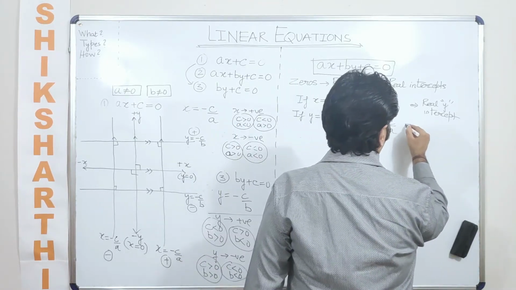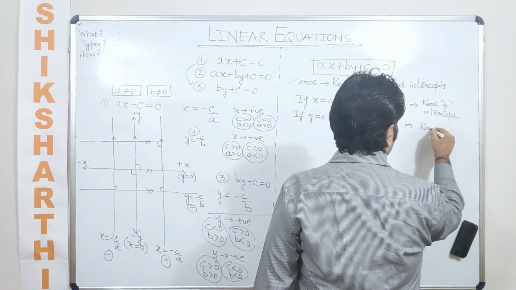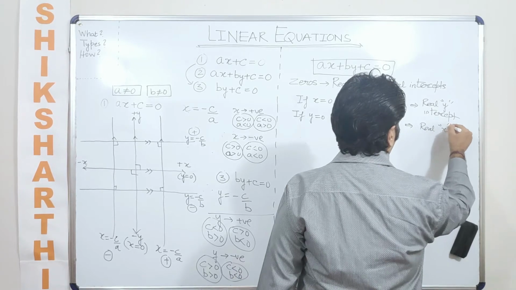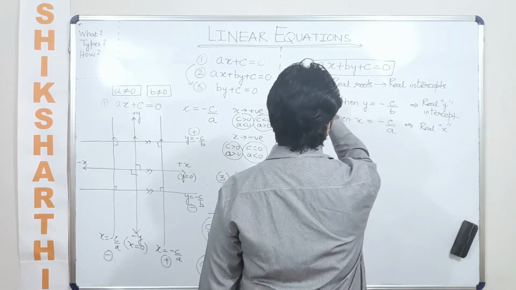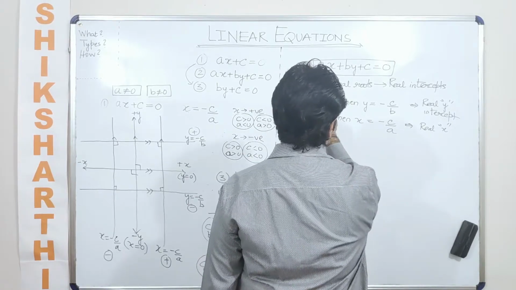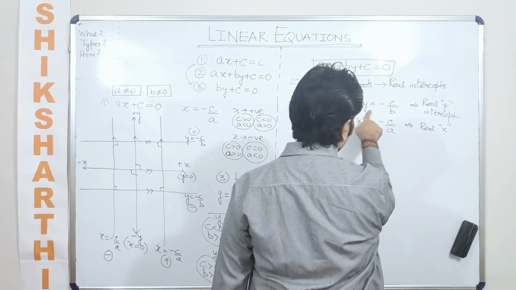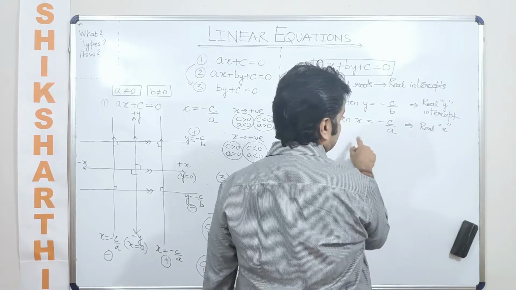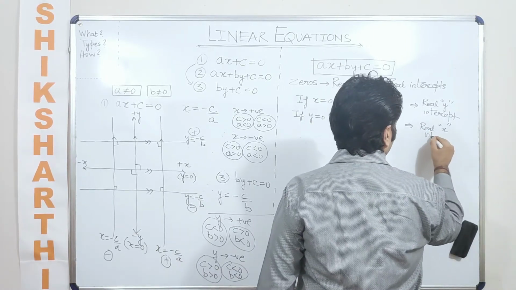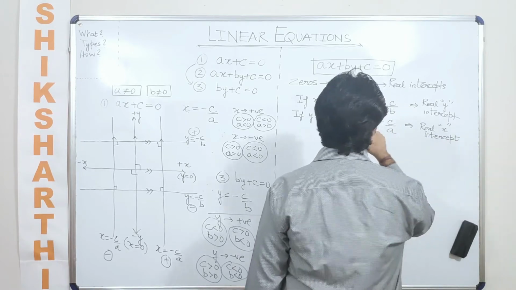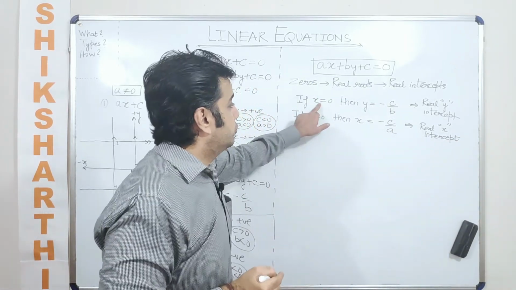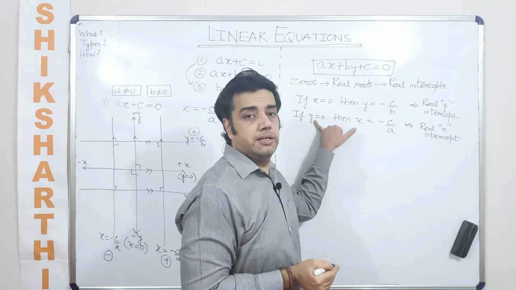And here when I am talking about this, I am getting the real x-intercept, or the real root, or the 0. This is the real 0 of y. This is the real 0 of x. The real root, or the 0 of x and the 0 of y.